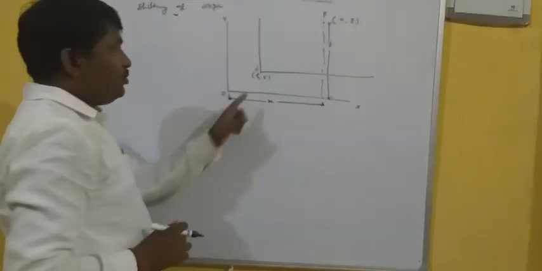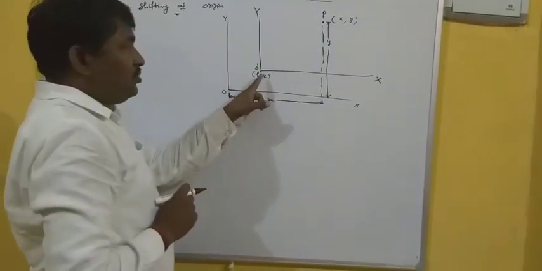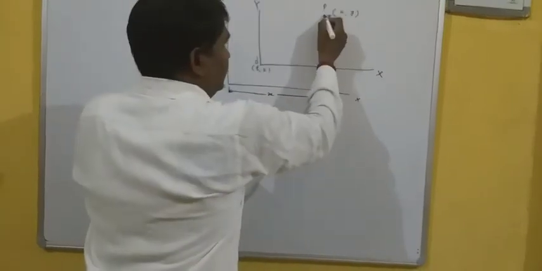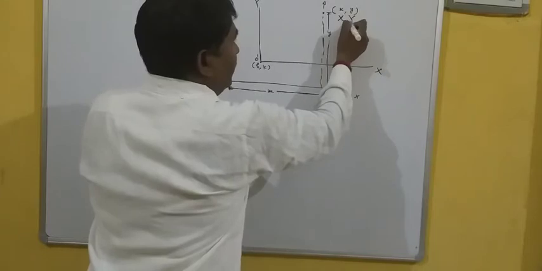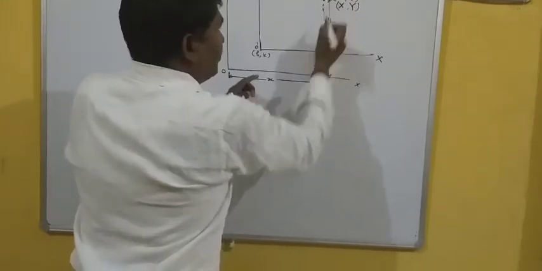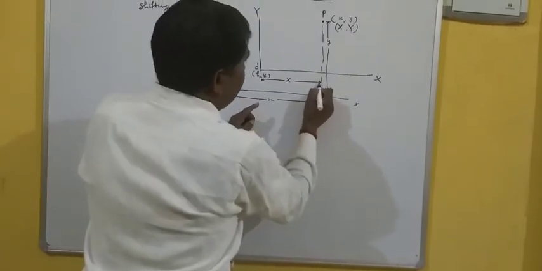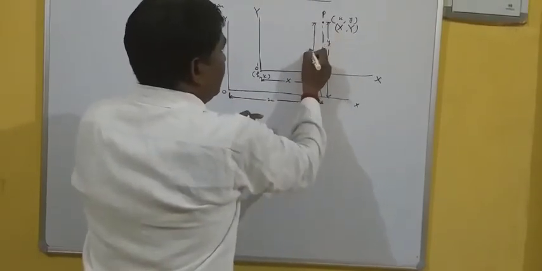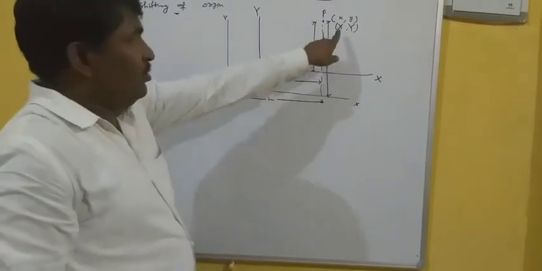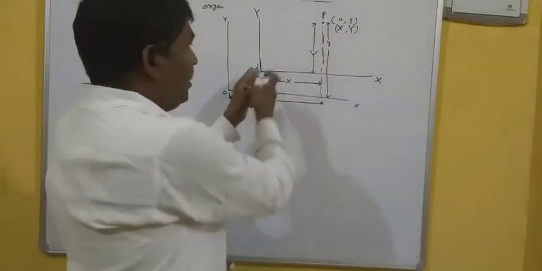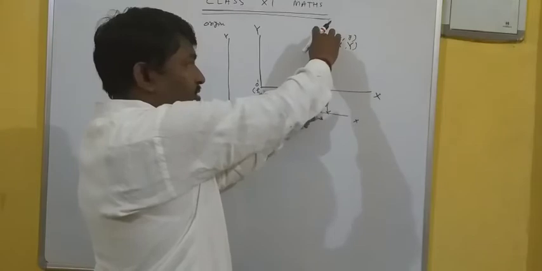So with respect to this new origin, let its coordinates be capital X and capital Y. Capital X is the distance along the x axis and capital Y, the ordinate, is the distance along the y axis.